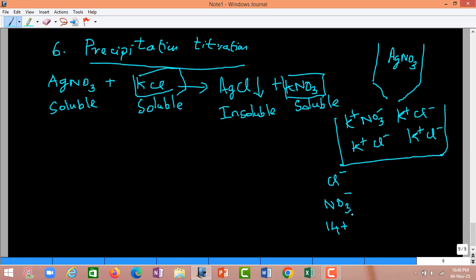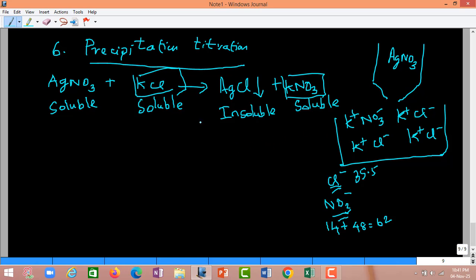The atomic mass of oxygen is 16 and there are 3 atoms. 3 into 16 is 48 and you find 62. But for chlorine, the atomic mass is 35.5. And we find that NO3 minus is heavier than chloride. Since it is heavier, it is slower, the speed of the ion will decrease and the conductance will also decrease.